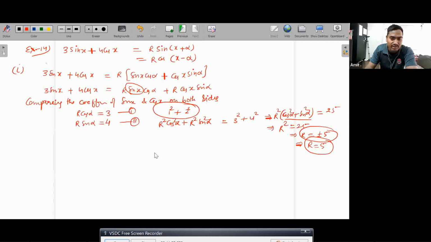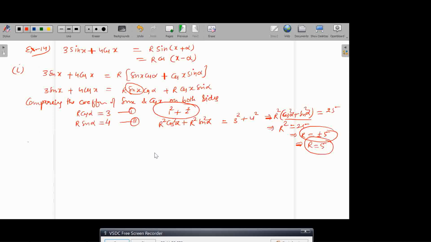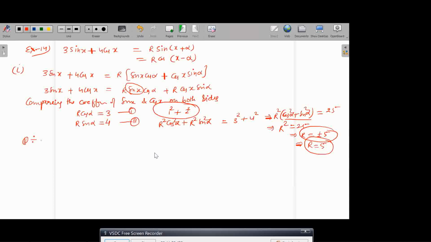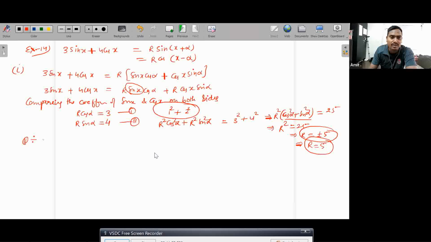So now we will divide it. Divide 2 by 1, or you can divide 1 by 2 also. That's not a problem because you have a calculator. You can also calculate cot alpha. And if you have R, you need not divide it.